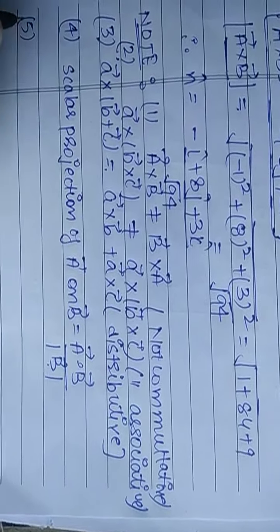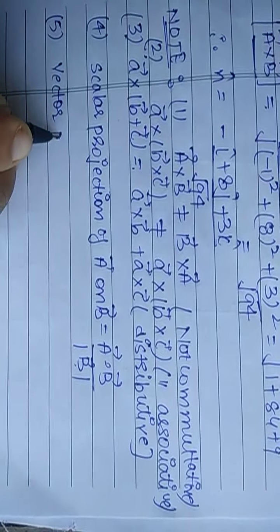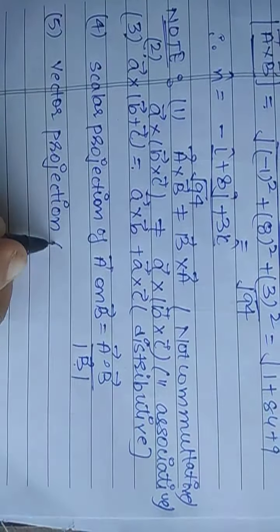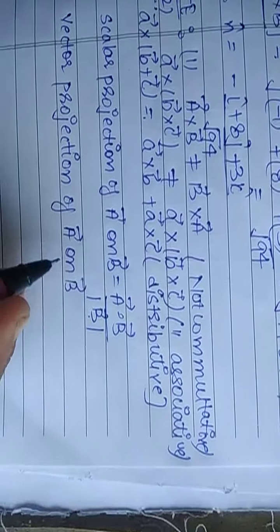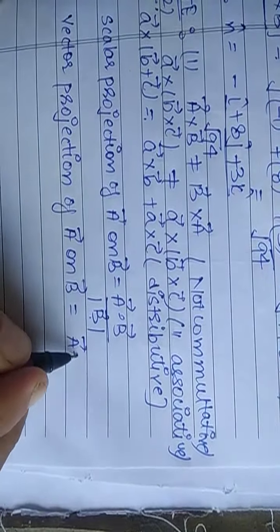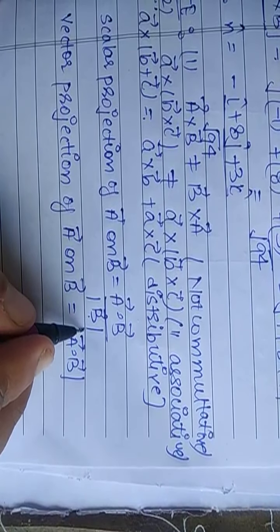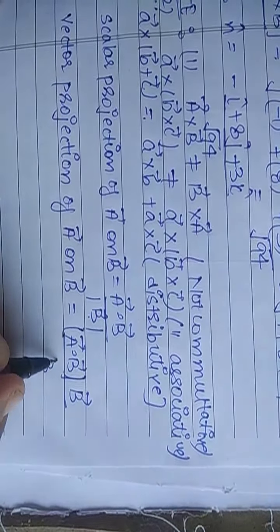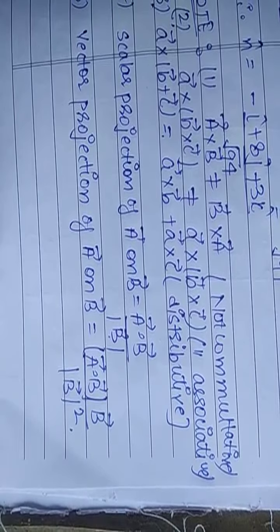But if you want to find the vector projection of a vector on b vector, in that case the answer will be a vector dot b vector, then bracket, then b vector divided by magnitude of b squared. So these are some formulas which you will use in solving the numericals.